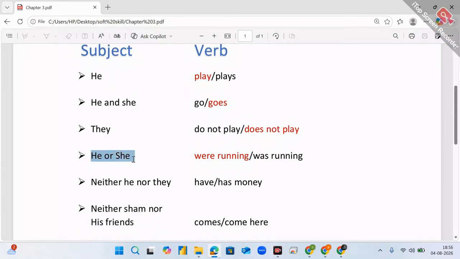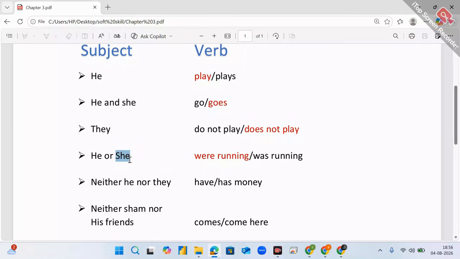He or she. Now you can see he or she. For this kind of subjects, we check which is the nearest subject, the one near the helping verb.